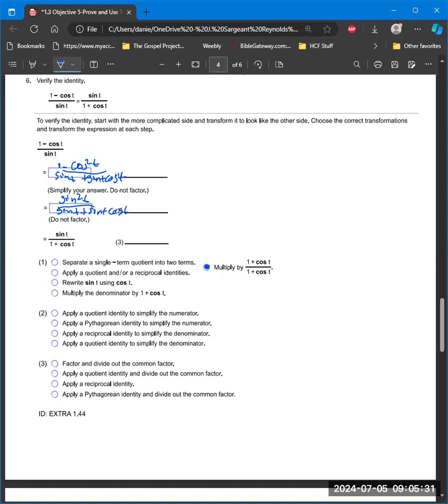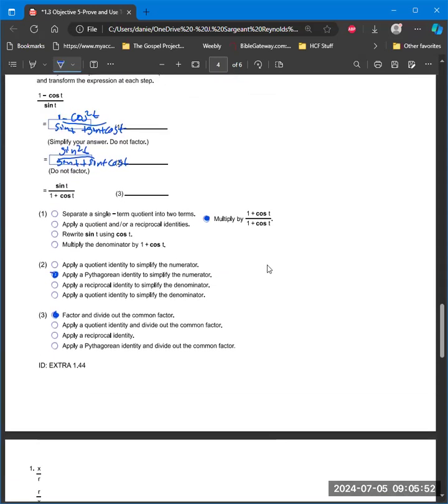So our second step here was to apply a Pythagorean identity to simplify the numerator, and then factor out and divide the common factor of sine of t, numerator and denominator, to get it equal to the right-hand side.